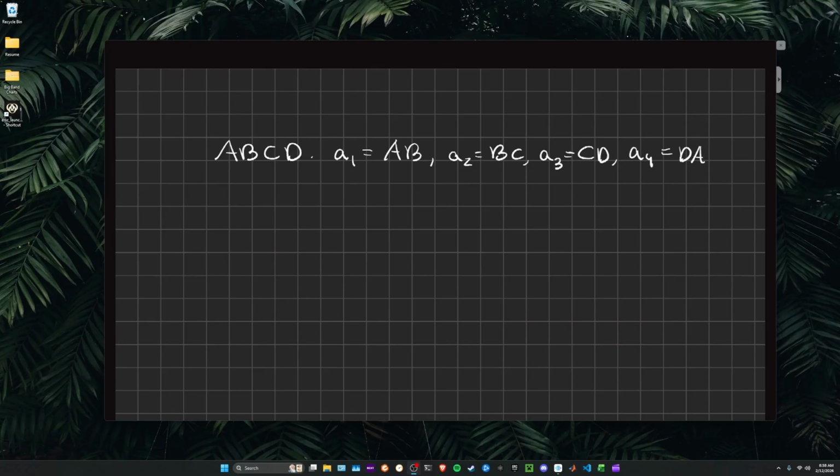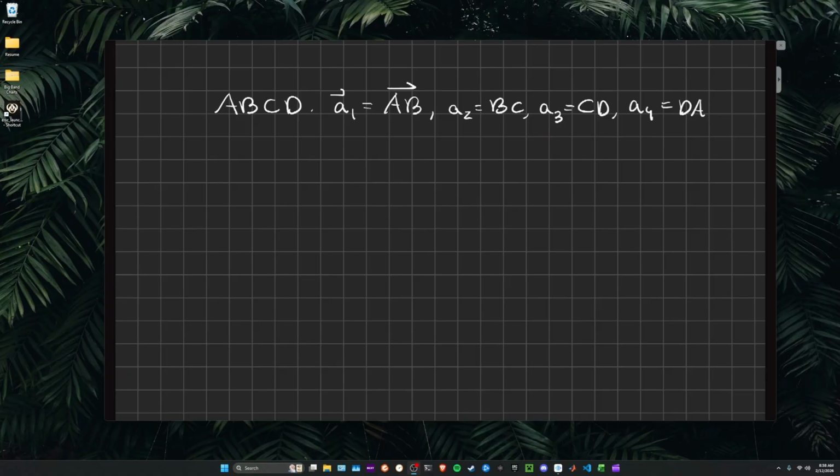And I'm just not going to be writing arrows for this video, just to save time. Hopefully it's clear from the context that we are talking about vectors. So this will be a vector formed by this line segment AB, etc.